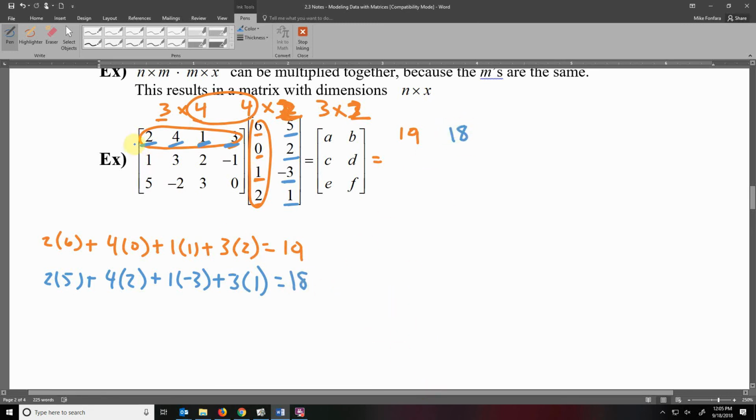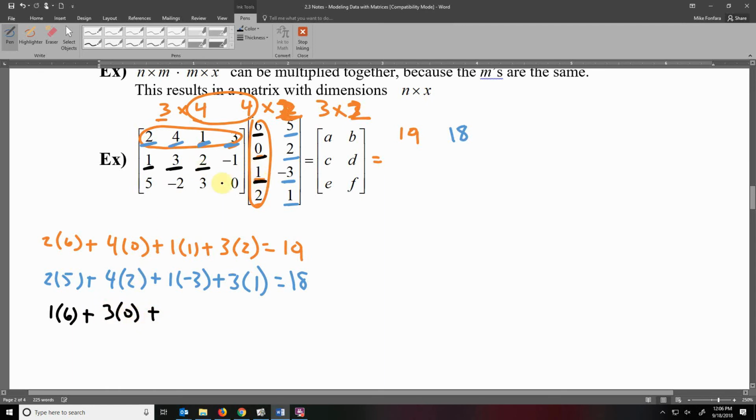So now I have multiplied the first row by the first column and the first row by the second column, and I'm all out of columns. So I'm going to move down to the third row. So the third row by the first column, 1 times 6. Over and down, 3 times 0.